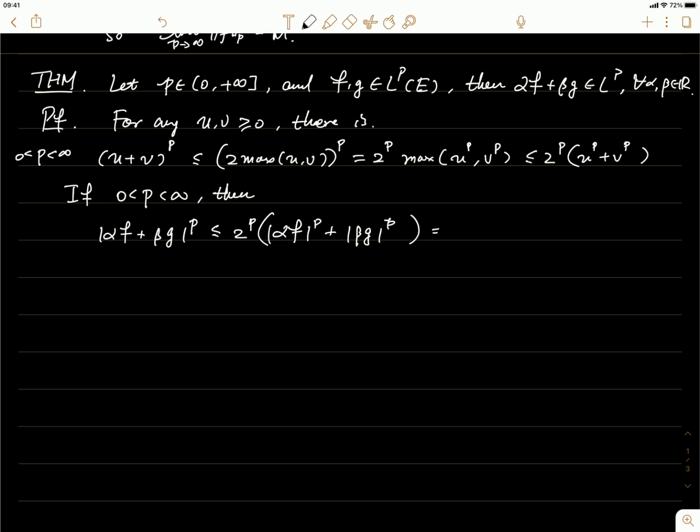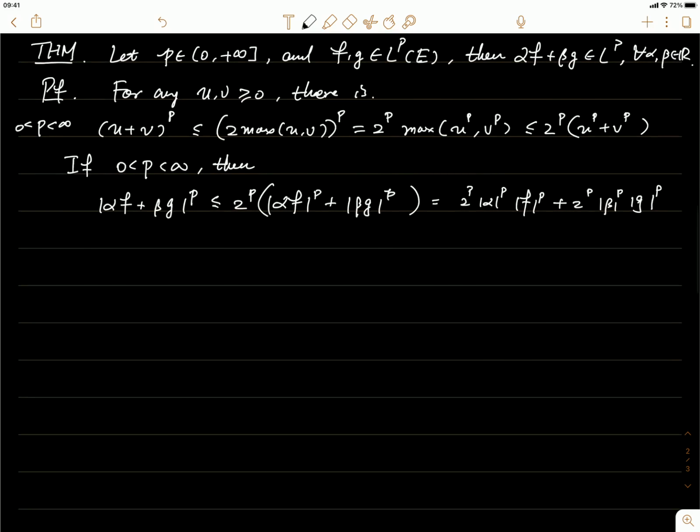And this is equal to 2^p alpha^p times f^p plus 2^p beta^p times g^p. Okay, and then we can take the integral on both sides.